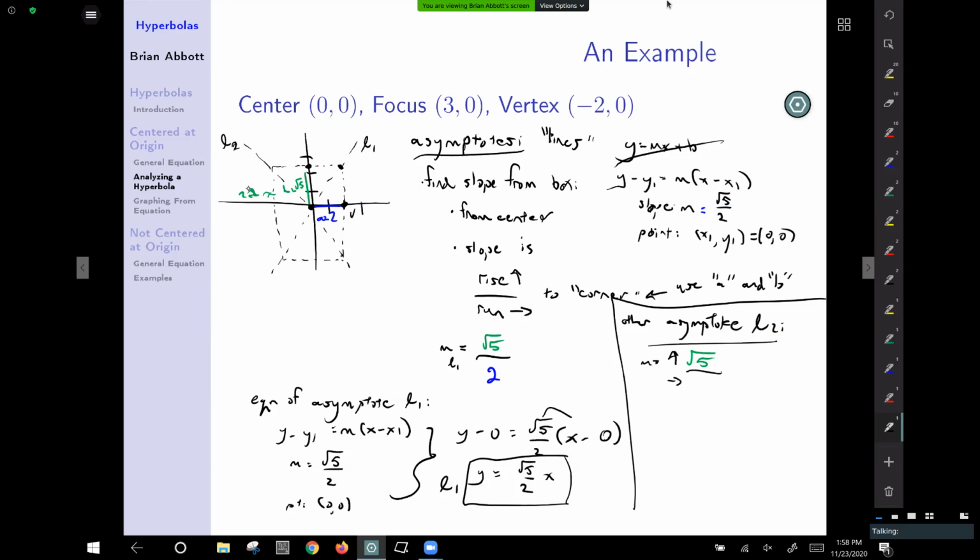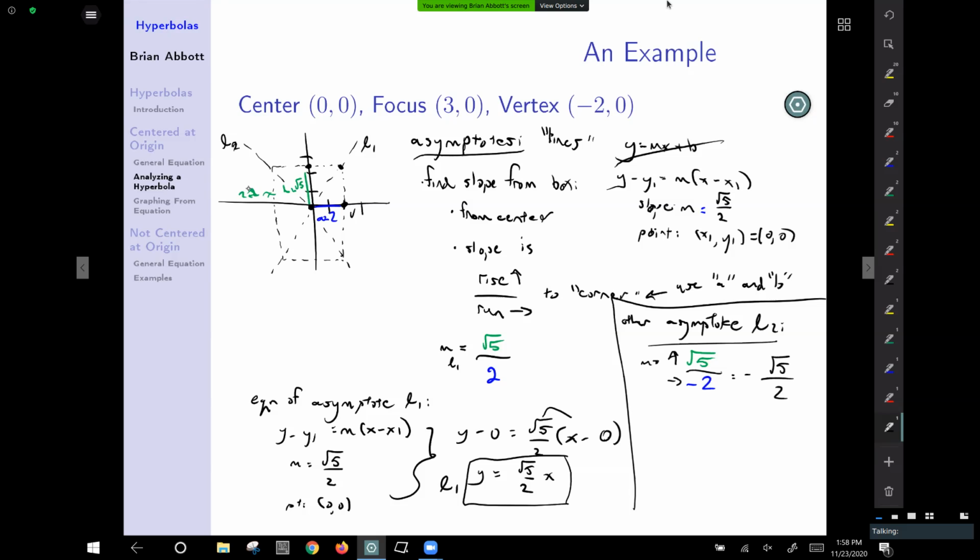Looking at our picture, you rise vertically in the y direction, but then you run negatively in the x direction to get to your next point. So our run value is going to be negative. Run is in the a direction, so it's negative 2. A positive number divided by a negative number is an overall negative fraction. So negative root 5 over 2 is our slope for this one.